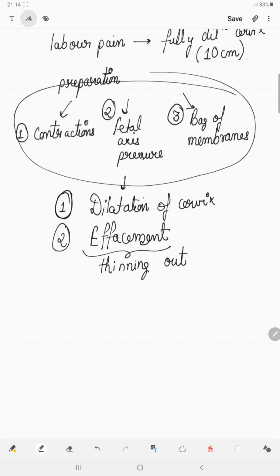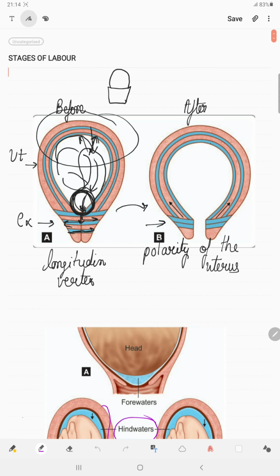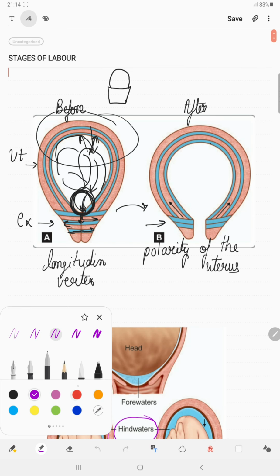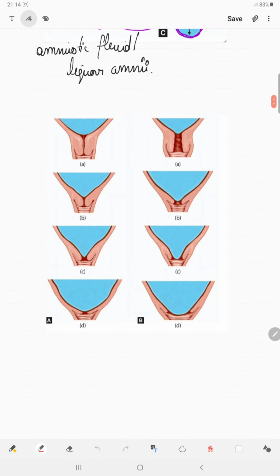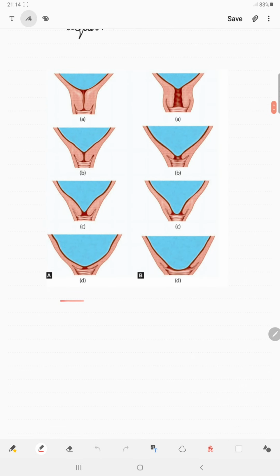So only one piece of information that I would like you all to know about effacement is that this diagram is occurring in a primigravida, and this diagram occurs in a multigravida, or primigravida is also a nulliparous woman.